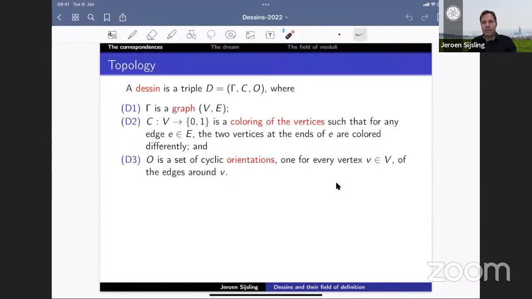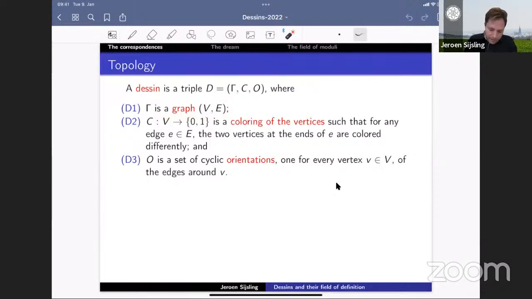All right. So what about Dessins? Dessins, well, I will first introduce these topologically, and then you can see them as a triple. That seems a bit daunting, but it's in fact not that bad. It's basically this. You look at a graph, you call that graph gamma. It's a graph the way you know it, with vertices and edges that connect them.